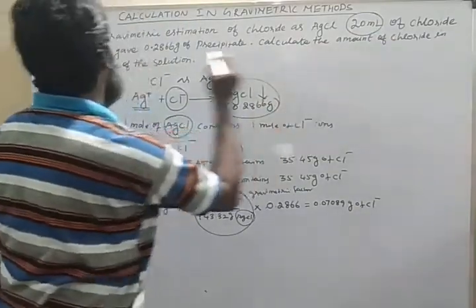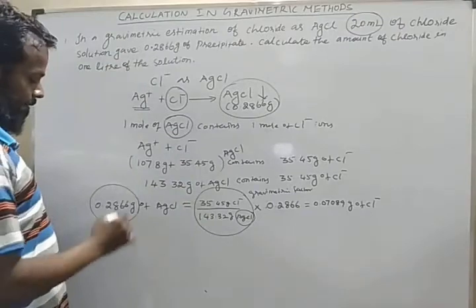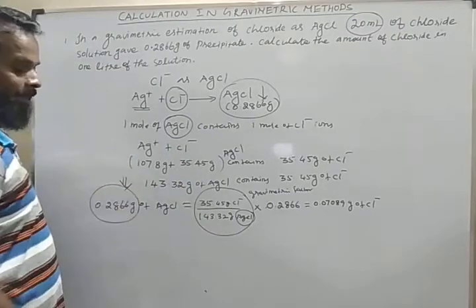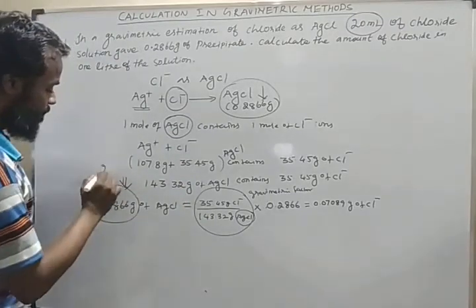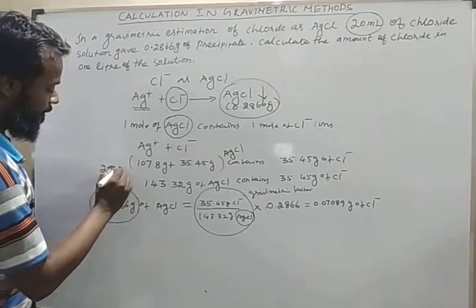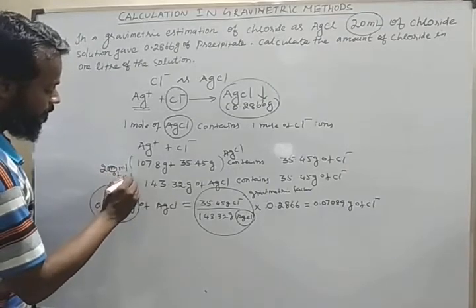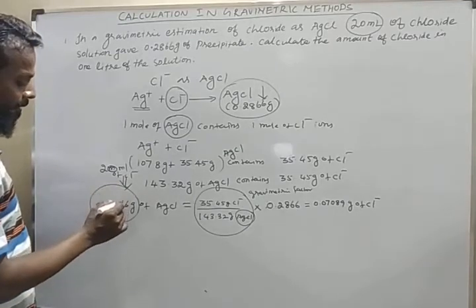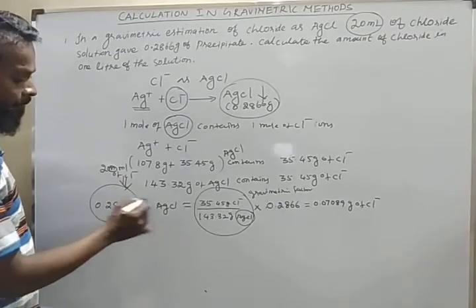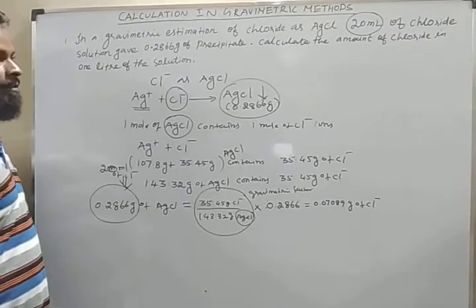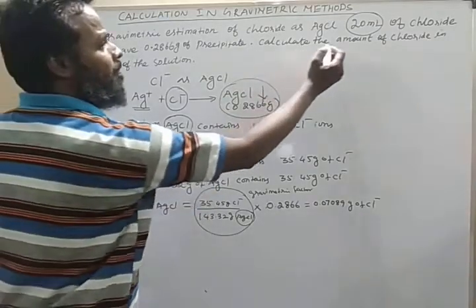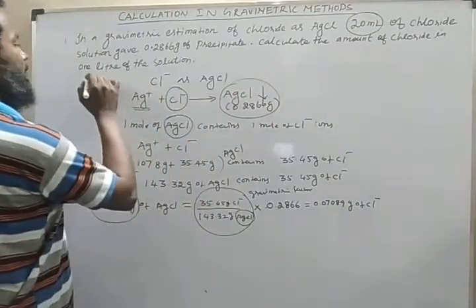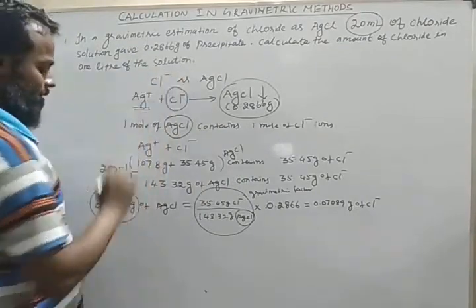This 0.2866 gram of AgCl is given by 20 ml of chloride solution. If the 20 ml of chloride ion gives this much amount of AgCl, what is the amount of chloride ion present in 1 liter of the solution?